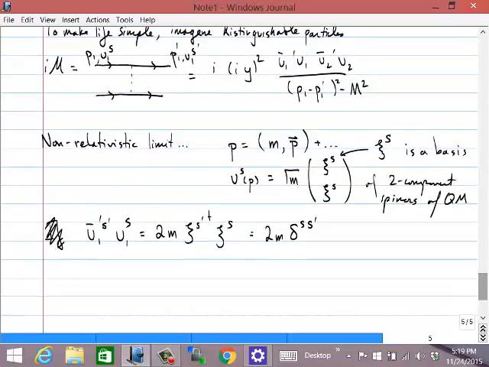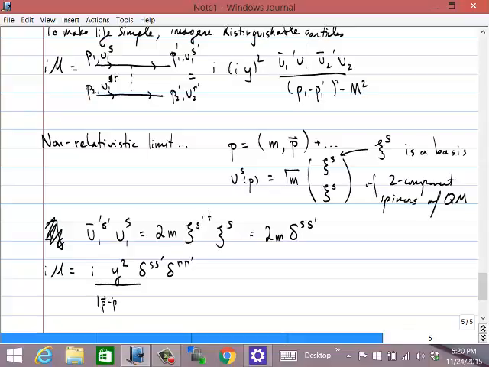So similarly, if we call the particle down here p2, which has a spin u2r, and this guy has p2 prime, u2r prime, then the total scattering amplitude, putting all this together, you get an i, you get Y squared, you get delta s s prime, delta r r prime, and you get a divided by (p minus p prime).